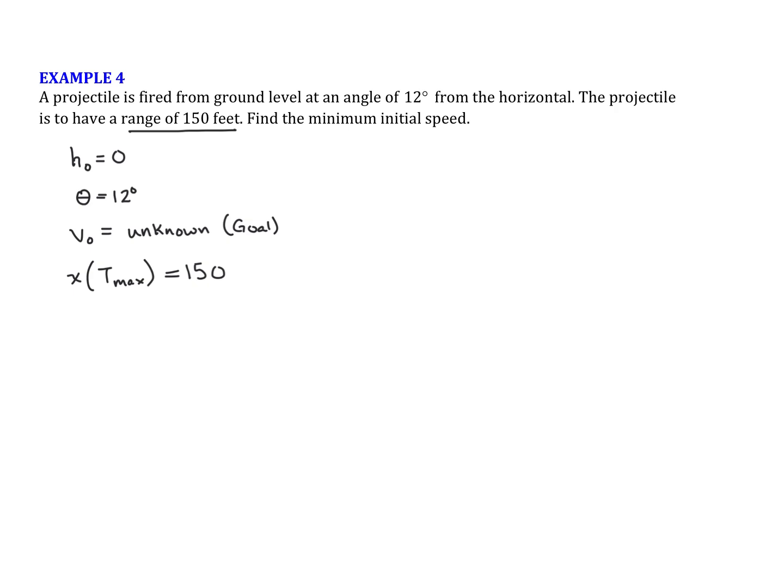Okay, so what do we know? x(t) is going to be v naught cosine of 12 degrees times t, and y(t) is going to be -1/2 gt². So we're in feet, so g will be again 32.